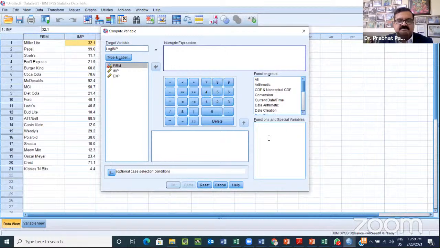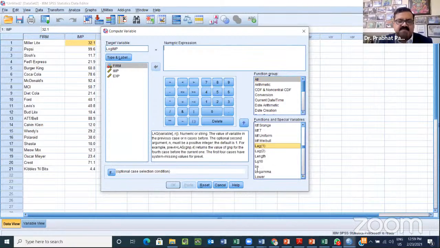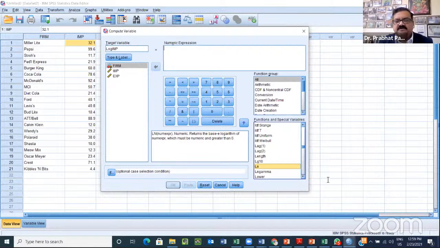You click on all functions, and then search for log over here. There are many types of logs given here, the log 10 base and the log natural. What we are going to use is the log natural. Here the description of the log natural is given: it returns the base E logarithm of the numeric expression, which must be numeric and greater than 0.